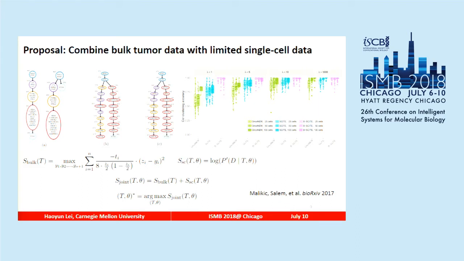One work last year developed a novel objective function that combines the score inferred from the bulk tumor and from the single-cell data, and they show that the method outperforms others that use only single-cell data.